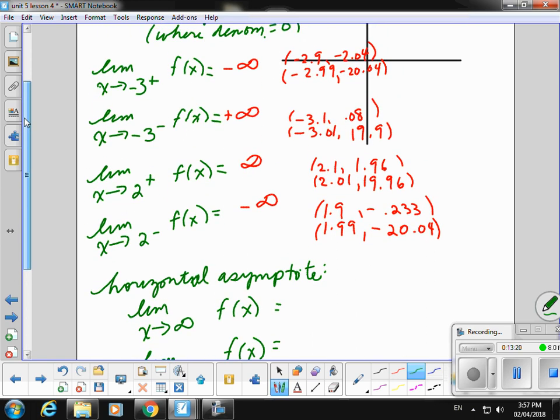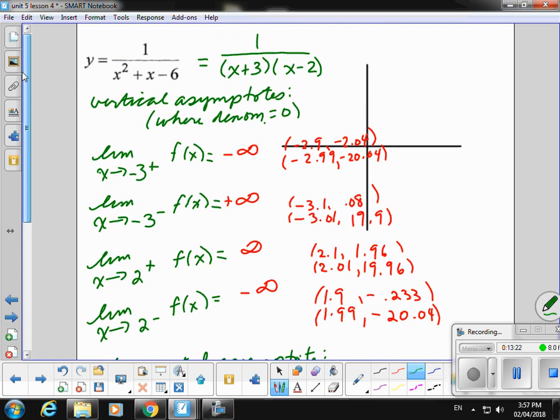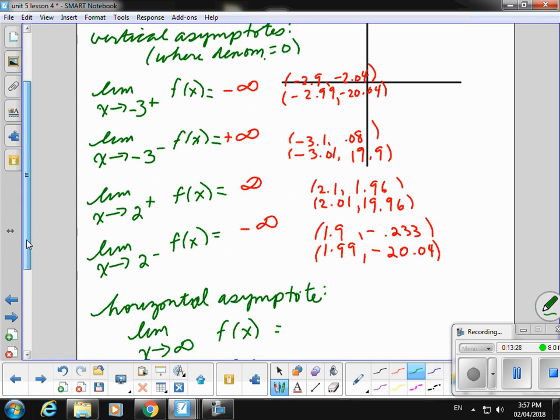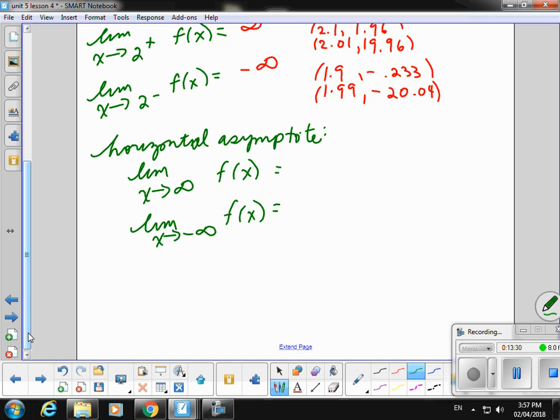So we've got this function with 1 over huge. It would be so big. If we had 1 over ginormous, it would be really close to 0. If we had 1 over ginormous squared and some more ginormous and it's negative and whatever, we would still get really close to 0. So we're still a little loosey-goosey on the horizontal asymptotes, and we feel like there could be a better process.